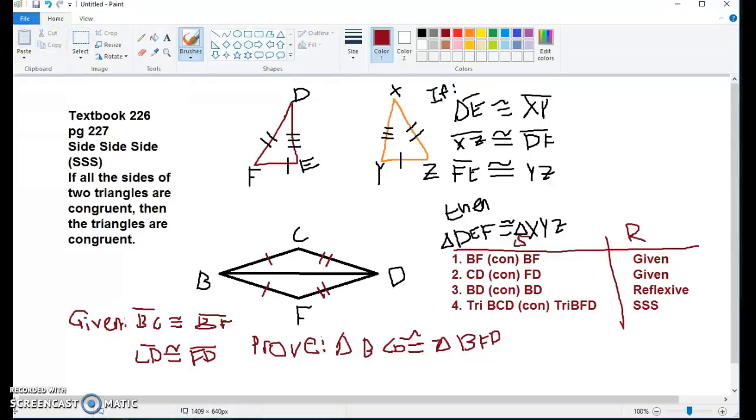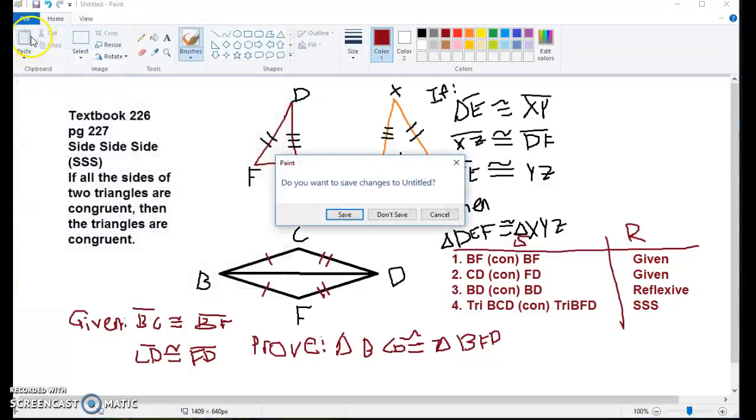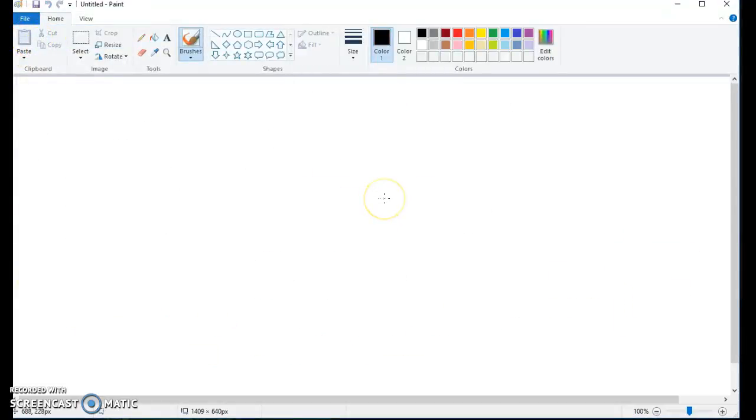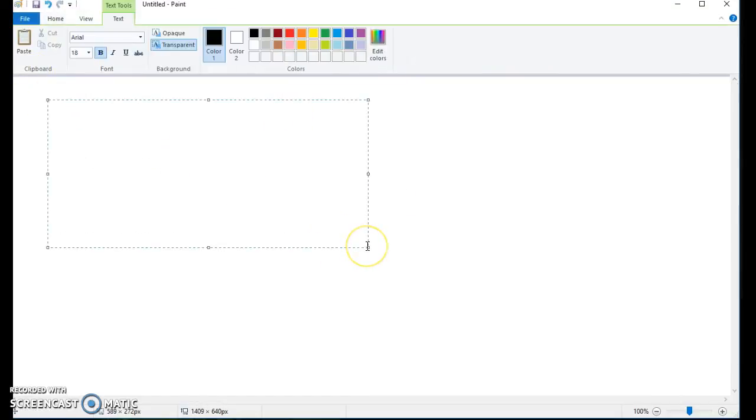All right, moving on to the next one. Next one is going to be SAS Congruence. So for this one, this means you need to have two sides congruent, and an angle, but the angle must be inside the two sides. So where these two sides are going to be meeting.